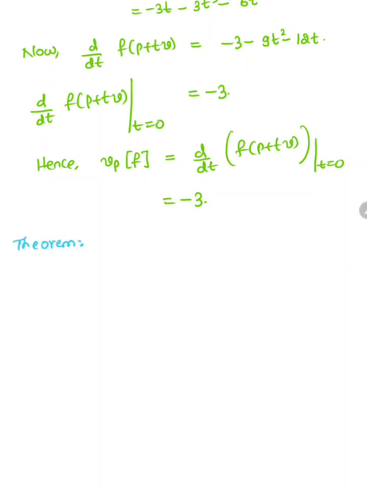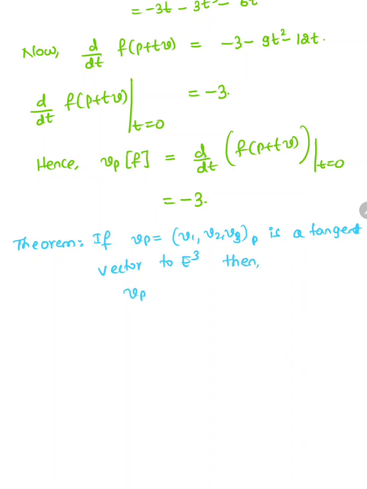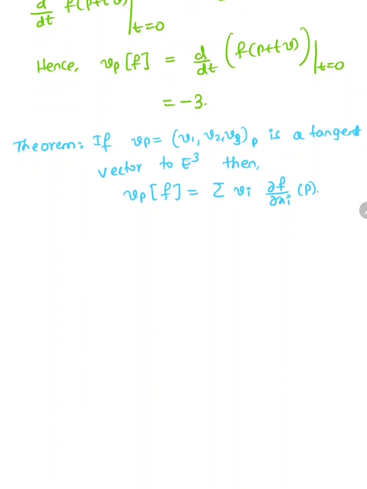It says, if Vp equal to (V1, V2, V3) at the point P is a tangent vector to E3, then Vp of f is equal to summation of Vi dou f by dou xi at the point P. So it says the directional derivative of f can be found by knowing the coordinates of the vector part v and the partial derivatives of the function f at the point p. So let's see how it can be proved.